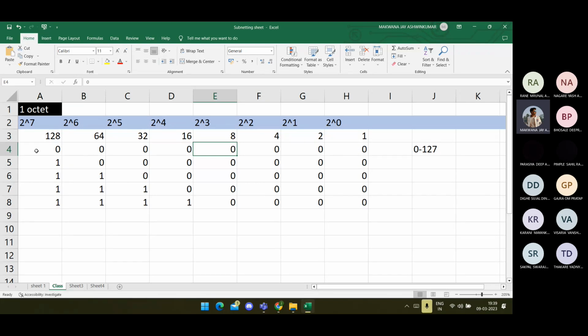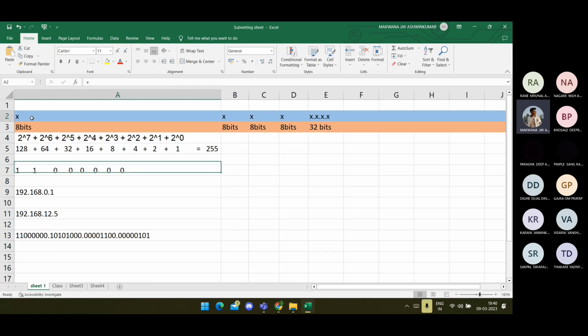This octet can traverse from 0, and if we set this bit to 1, this bit to 1, and so on, setting all the bits but not the 128, then the octet range can go from 0 to 127 only. So this is class A. We are talking about only the first octet, not the other three.